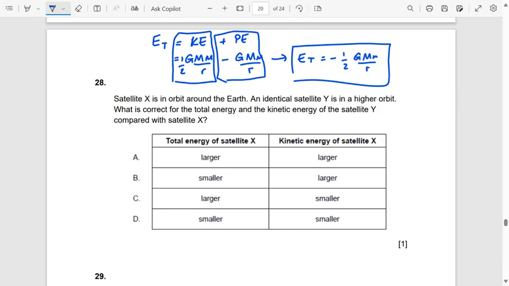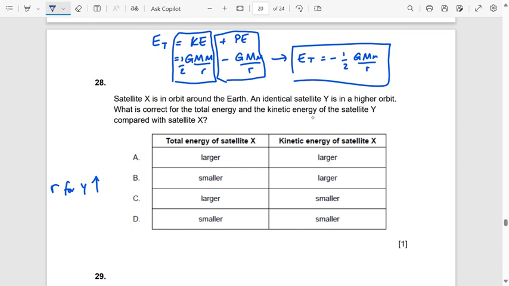An identical satellite Y is in a higher orbit. So R for Y is higher. What is correct for the total energy and kinetic energy of the satellite Y compared with the satellite X?